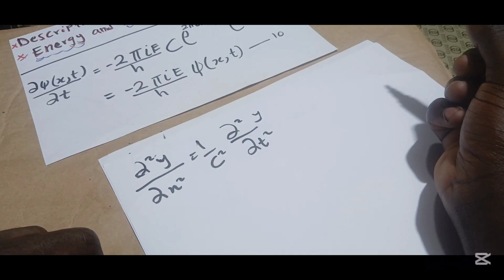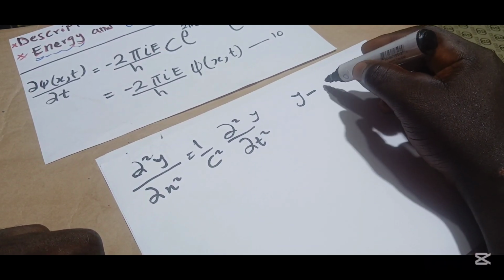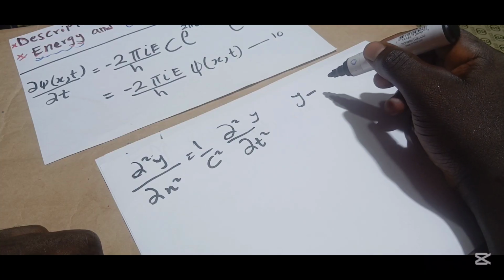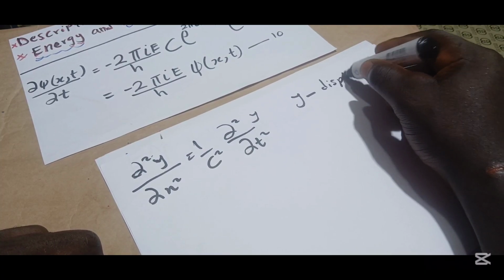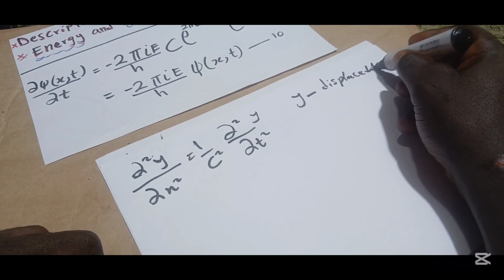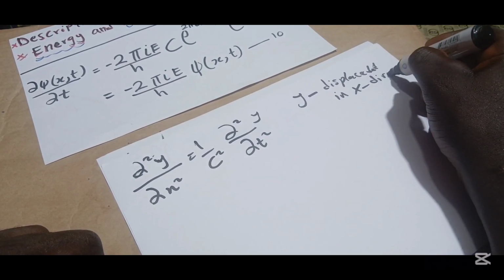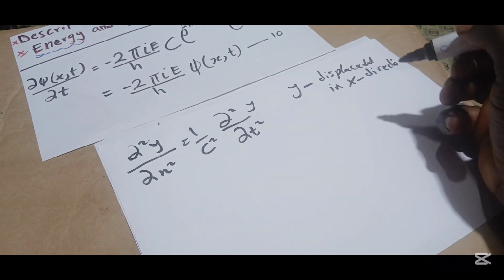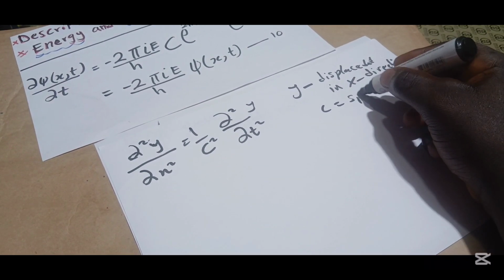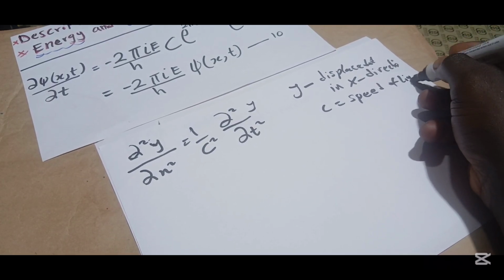So in this case, Y is the displacement in the x direction, where C is the velocity, the speed of light.